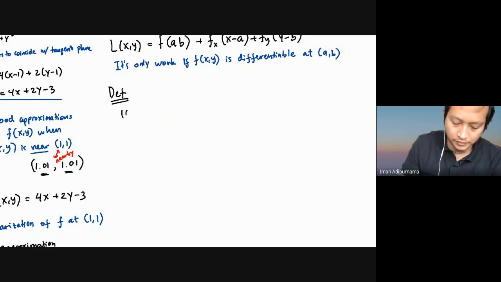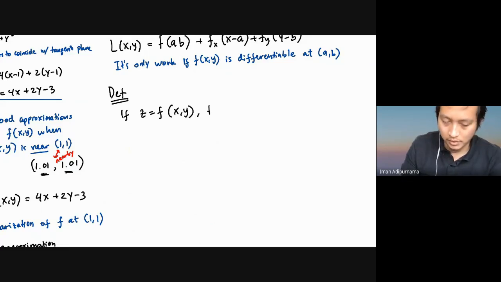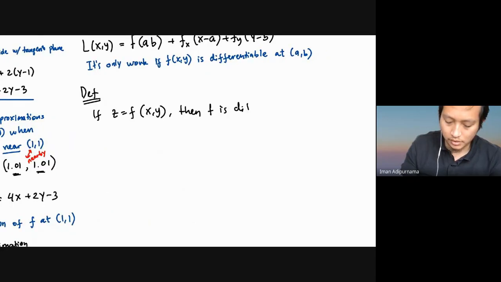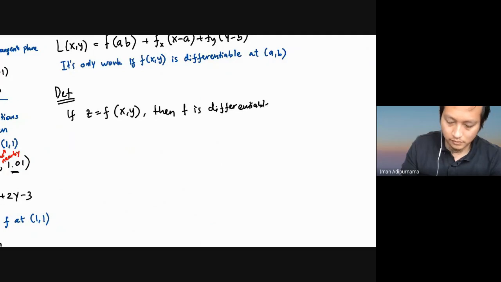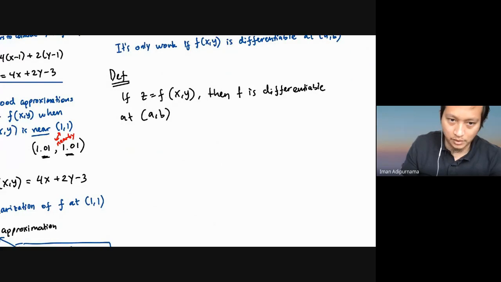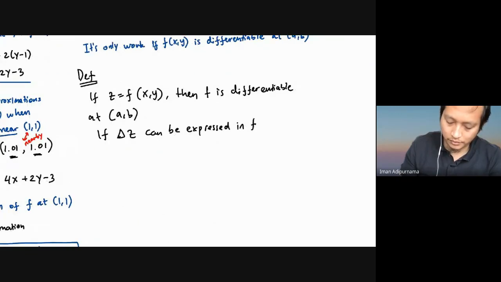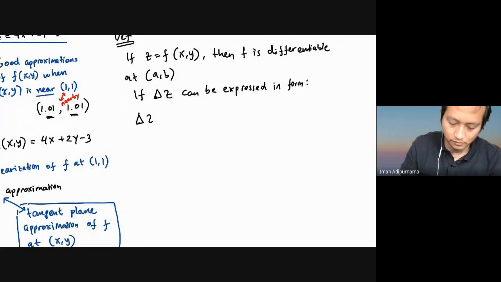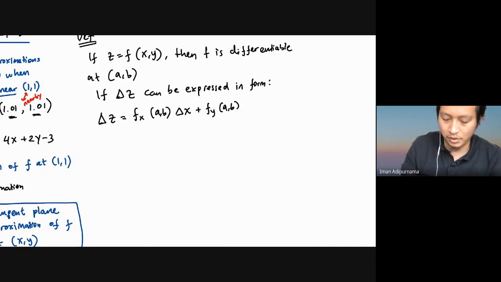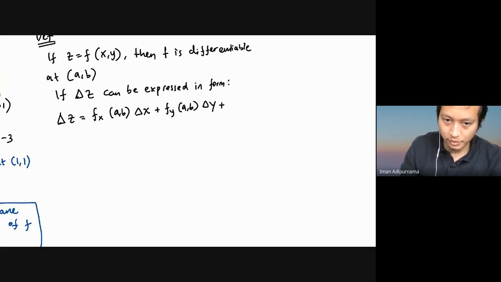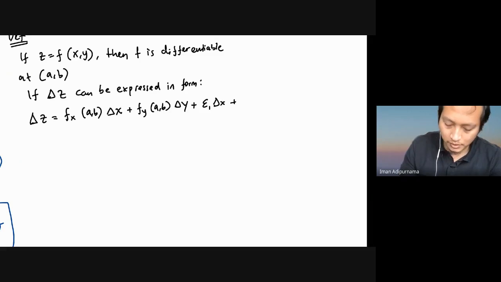So if z equals f(x, y), then f is differentiable at point (a, b) if delta z can be expressed in the form: partial x at (a, b) multiplied by delta x, plus partial y at (a, b) multiplied by delta y, plus epsilon 1 delta x plus epsilon 2 delta y.